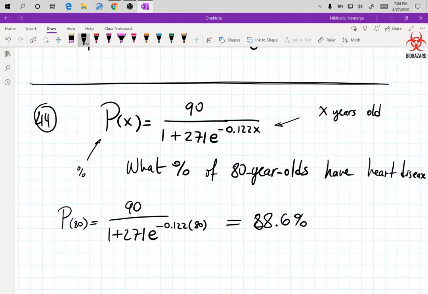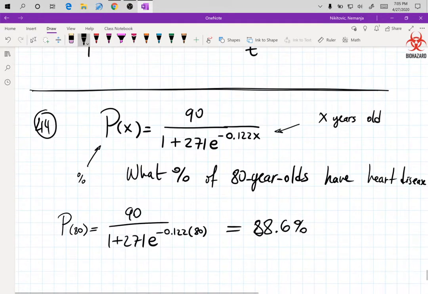This statistic that we got from this particular problem states that 88.6% of all 80-year-olds have some kind of a heart condition. That's by the mathematical model.